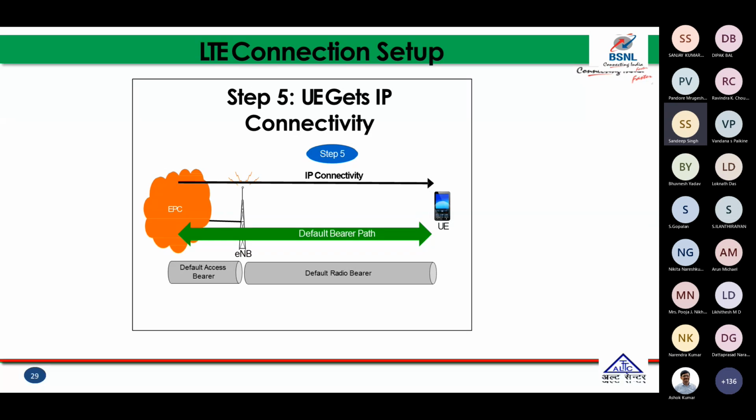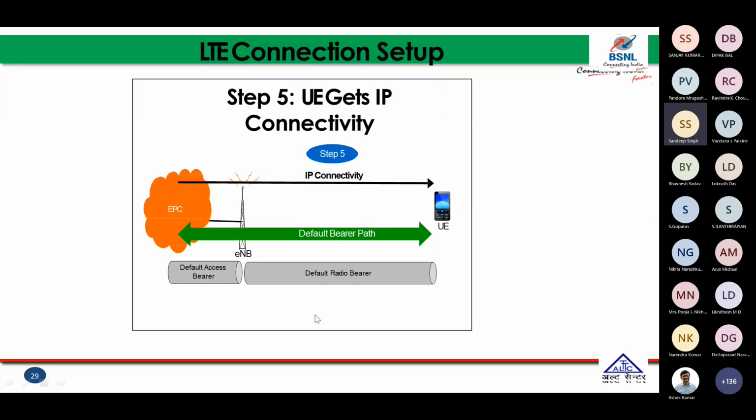In the fifth step, the UE gets IP connectivity. The PDN gateway provides the IP address to the UE and the default EPS bearer. Here is the default radio bearer, and the S1-U bearer and S5 bearer with the core network. This whole bearer is known as the EPS bearer.